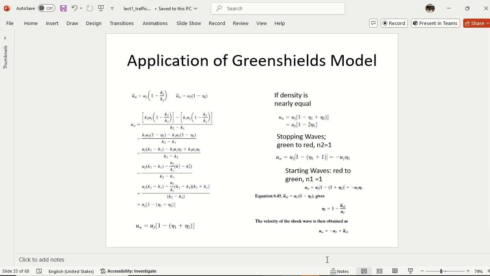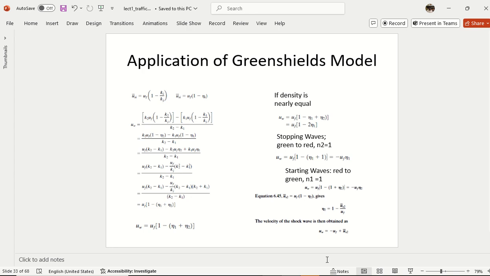Anyway, the main steps were these. First of all, K upon Kj is represented with eta. And then in the equation of the shock wave speed, Q is replaced by K into the equation of U. These were the two main steps; other things are simplifications.